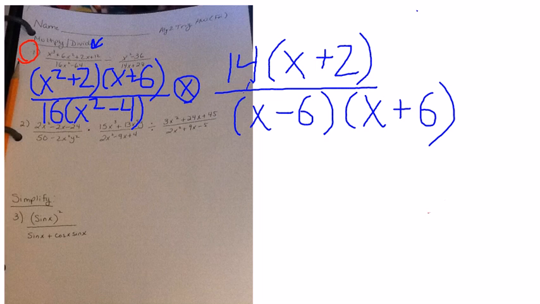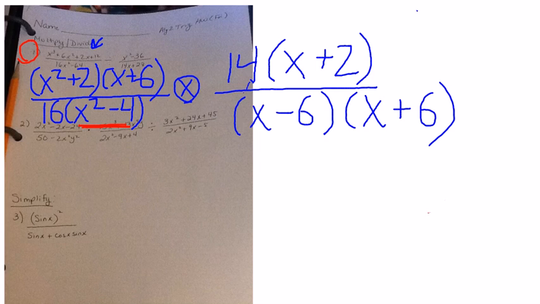Okay, so there we have something that we might be able to simplify. One thing I notice is that x squared minus 4, like I mentioned before, that's a difference of squares. I don't think I see anything else that we could really simplify right now.